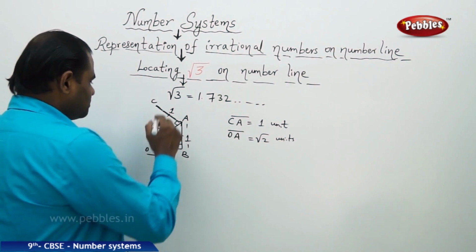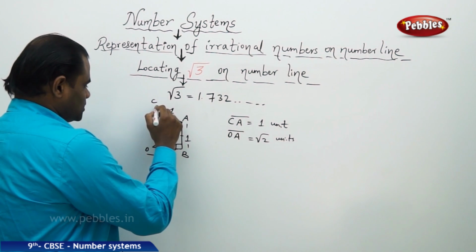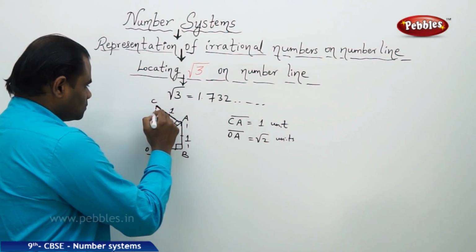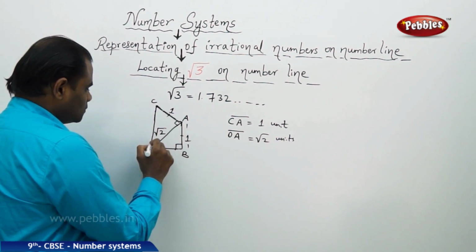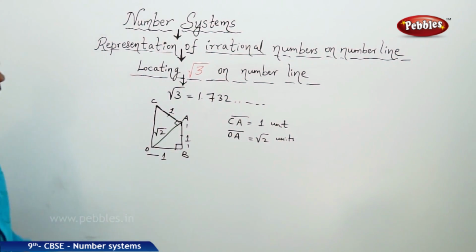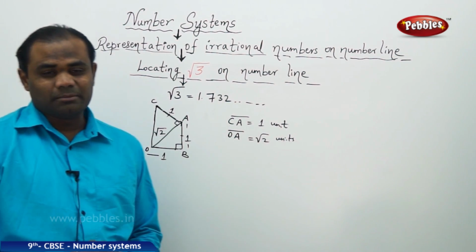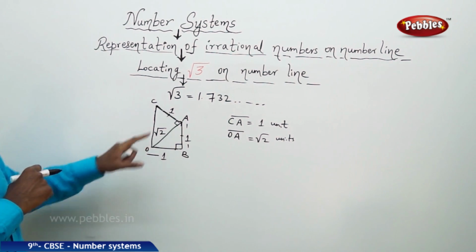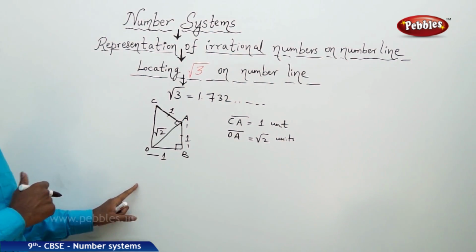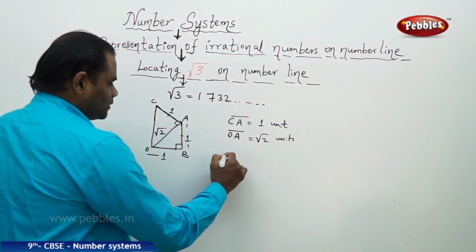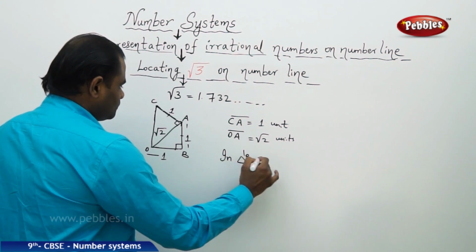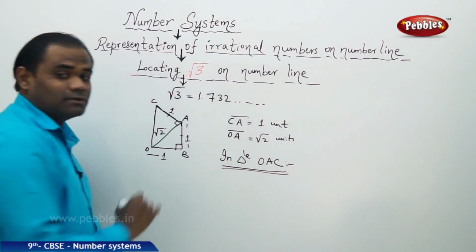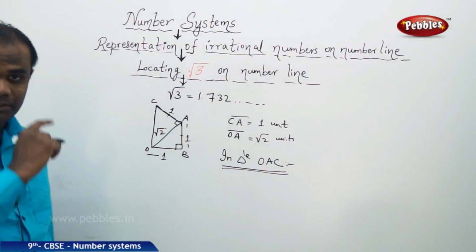Now with this, let me join C to O. Now let's try to calculate the dimensions of the side OC for this triangle ACO. Now let me just focus on triangle OAC and let's see what we witness from this triangle.